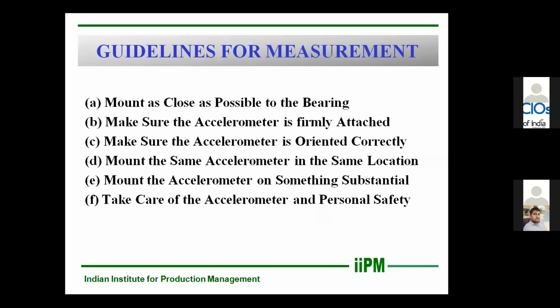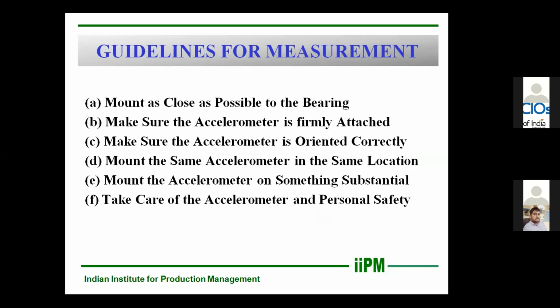That means an accelerometer must be attached so that it does not rock or move independently of the component. Because if your accelerometer is loose, it will produce distorted signals by its own individual movements, and therefore it can give you a wrong message. If your sensor is giving a wrong message, then the total analysis will be bad. So stud mounting is preferred as the best way of doing that.